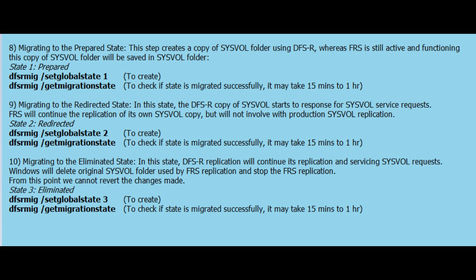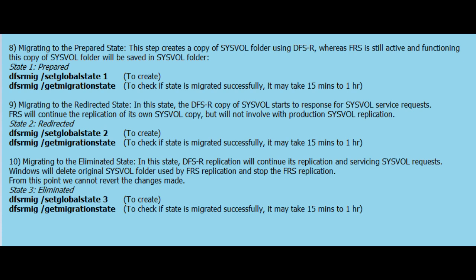10. Migrating to the Eliminated state. In this state, DFSR will continue its replication and servicing SYSVOL requests. Windows will delete the original SYSVOL folder used by FRS replication and stop the FRS replication. From this point we cannot revert the changes made.